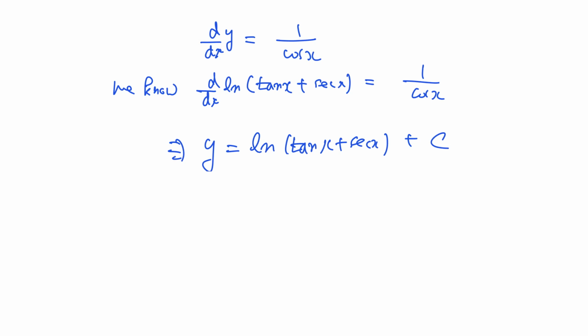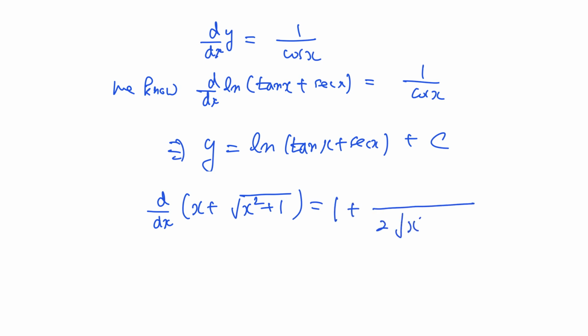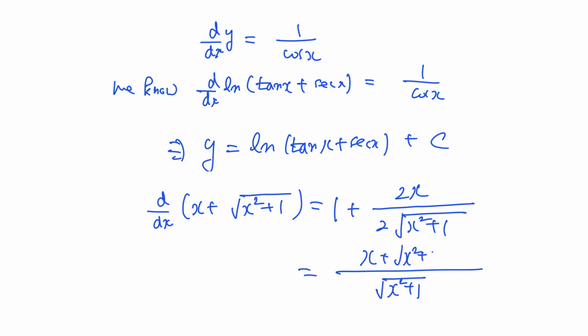Maybe you can consider another logarithmic derivative. How about this? x plus square root of x squared plus 1. This is 1 plus, twice of x squared plus 1 times 2x, right? This is square root x squared plus 1, x plus square root x squared plus 1.